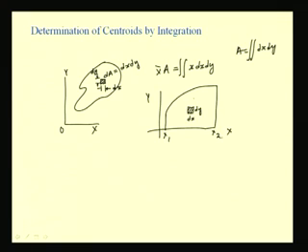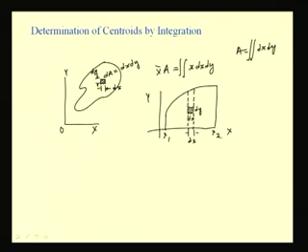Now, I can avoid this double integral if I consider, instead of an element whose dimensions are dx dy, this rectangular strip whose dimensions are dx and y.